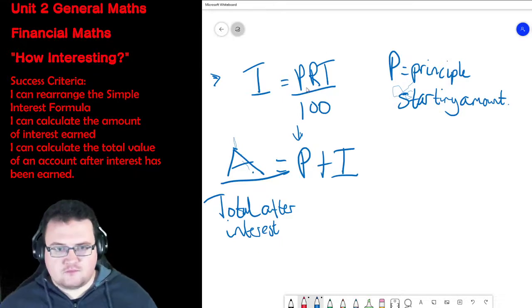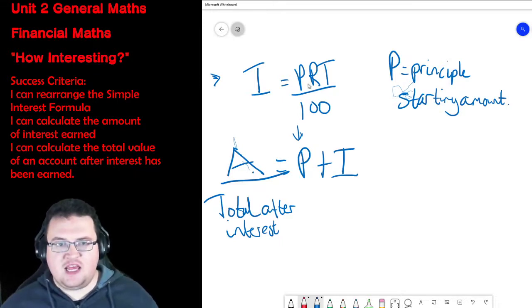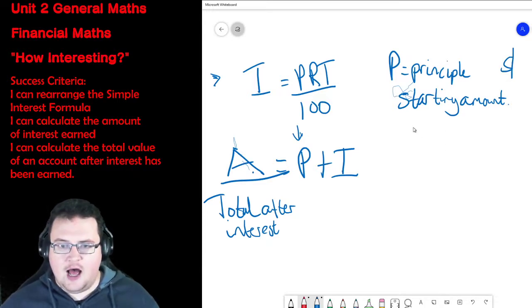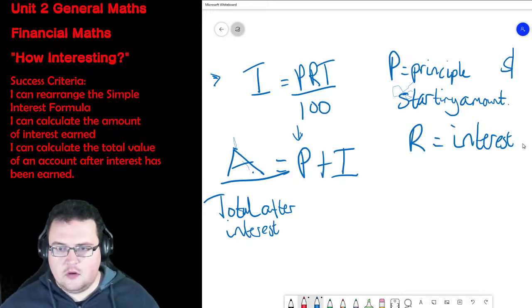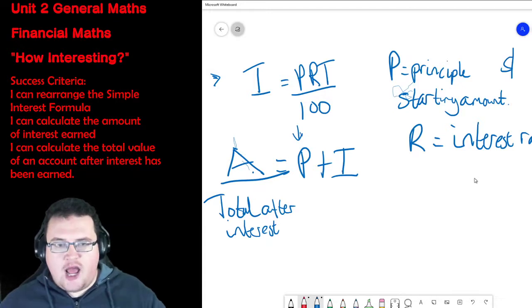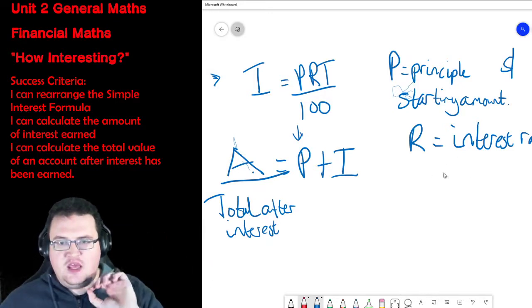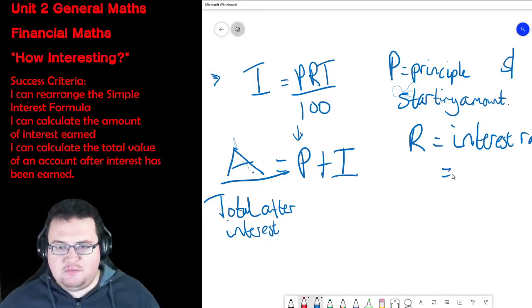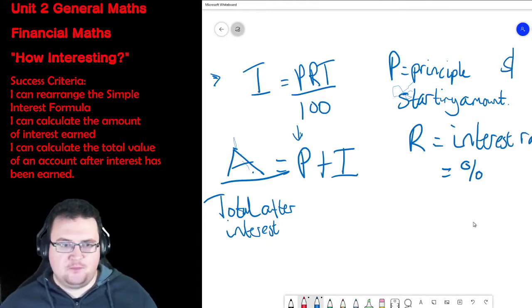So what we have here, P is the principal, that's the dollar amount. R is your interest rate. Now, the way I have the formula set up, my value of R must be as a percentage.